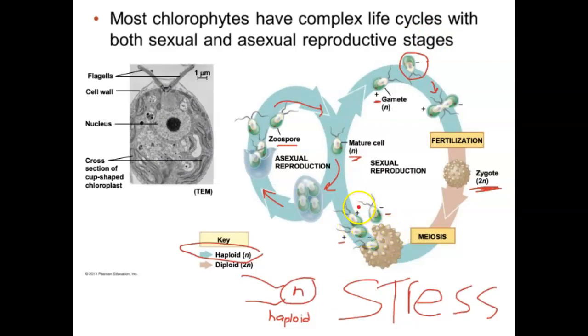They bust out and they go swimming away. They can go through asexual reproduction, or they could meet up with somebody of the other strain and do sexual reproduction again. So, like I said, a very interesting reproductive strategy.